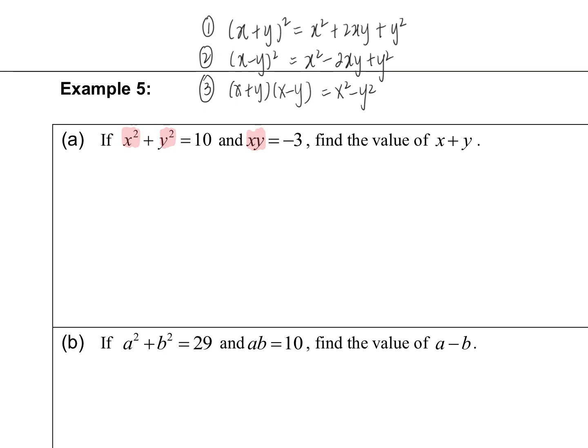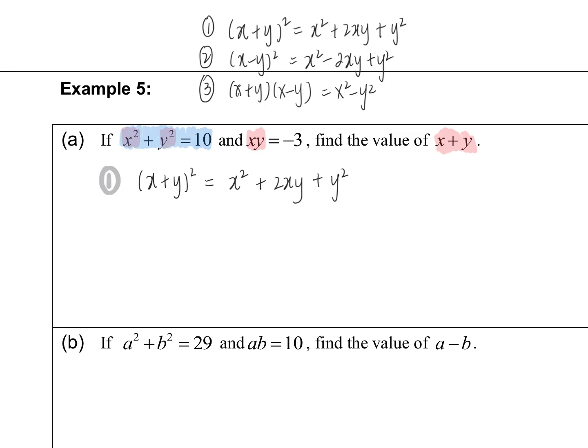If I want to find this, 1. Okay, so let me try to use 1. I write down the formula first. Okay, so I know what is the value of x square plus y square.